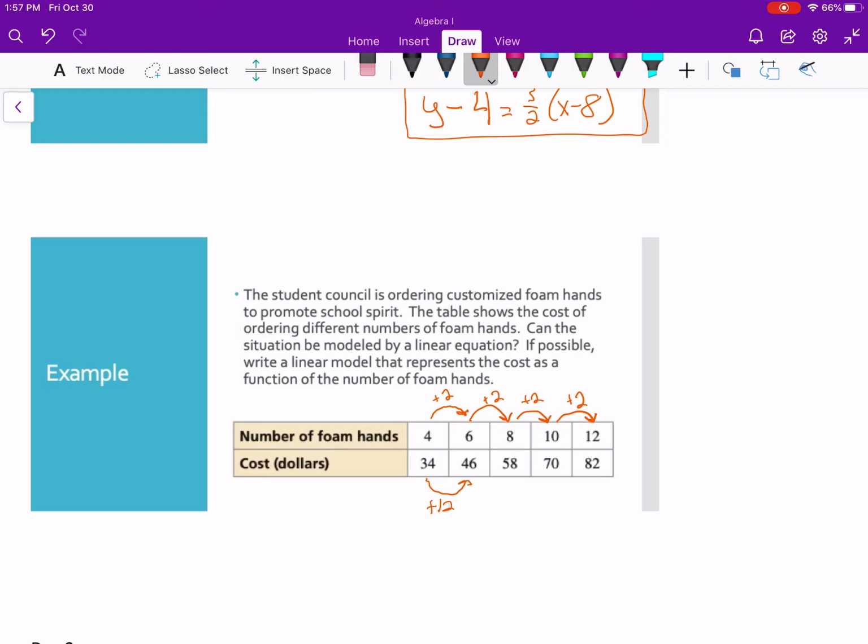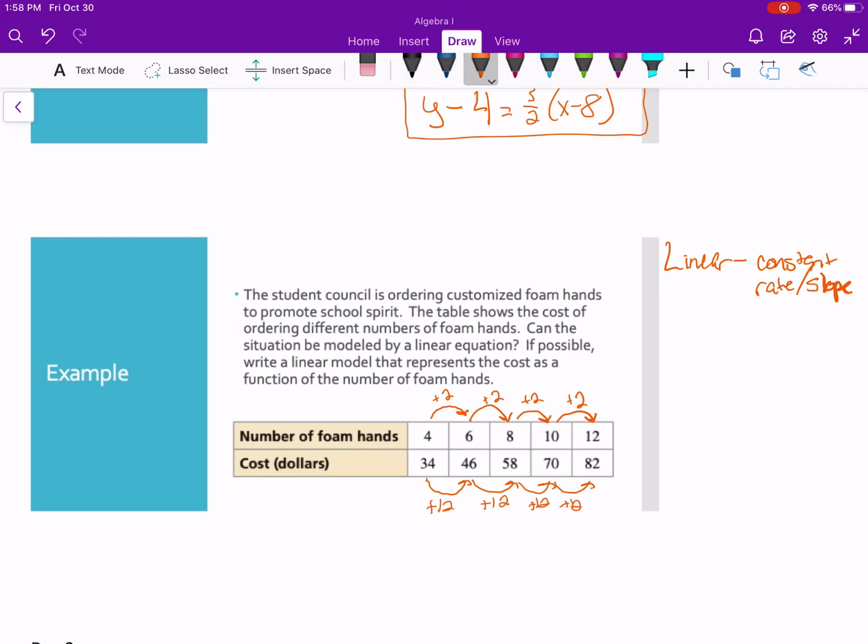Let's see if that's true for the rest of them. So 46 to 58 is also adding 12. 58 to 70 is also adding 12. And 70 to 82 is also adding 12. So we know it's linear because it has a constant rate or a constant slope.